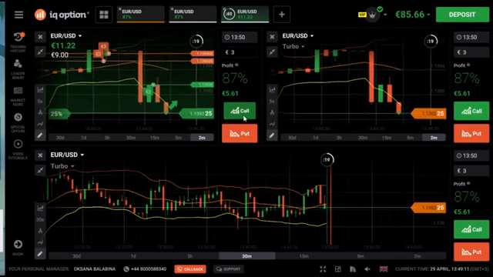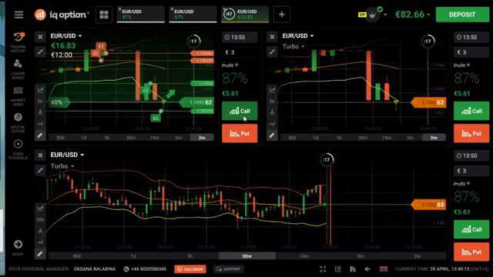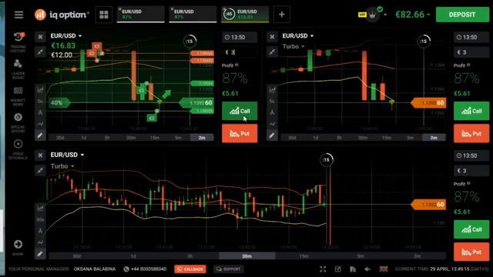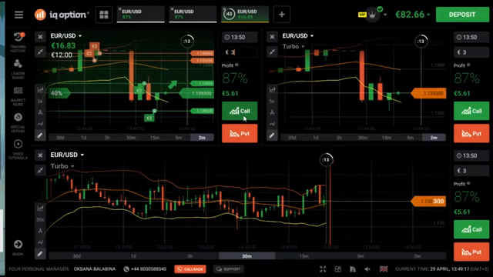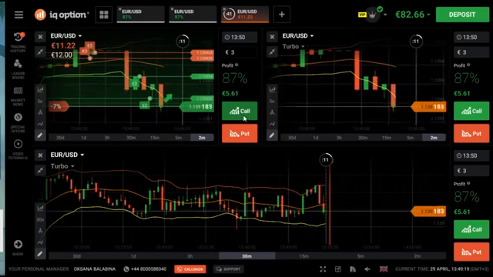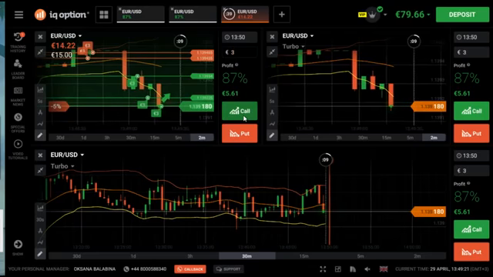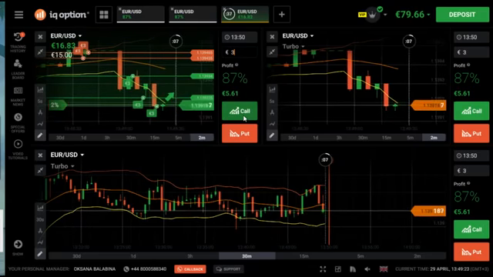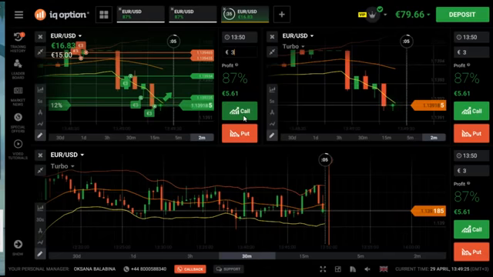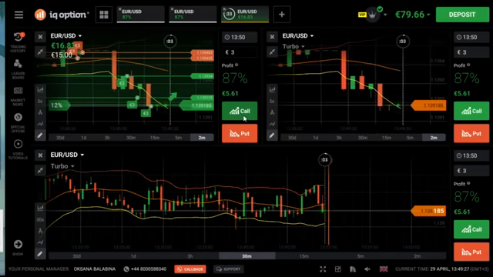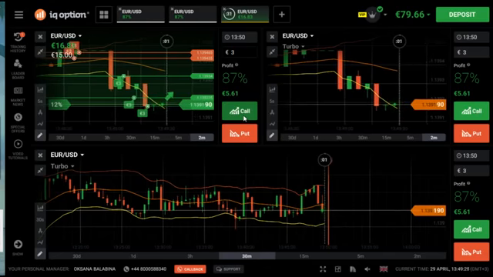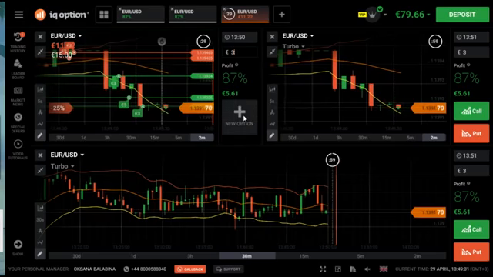Because I sometimes nest like several positions for the one option, so even as small as €3, each option's trading amount becomes sometimes over 15 or 20 euros.